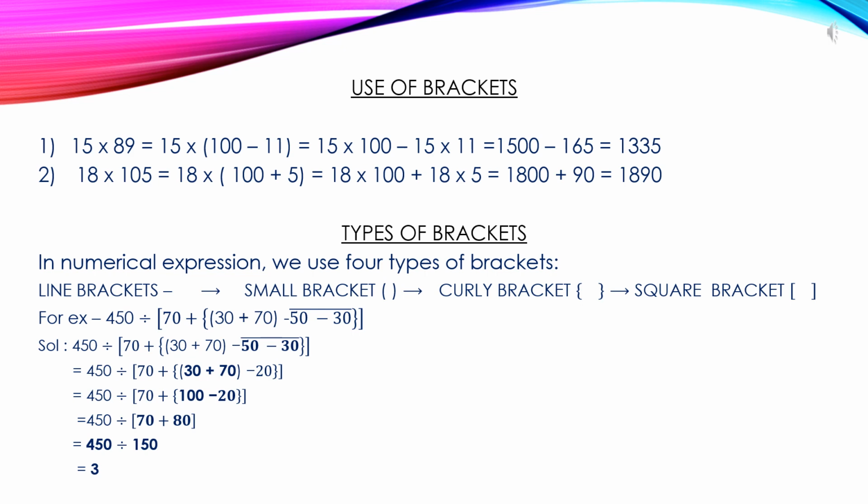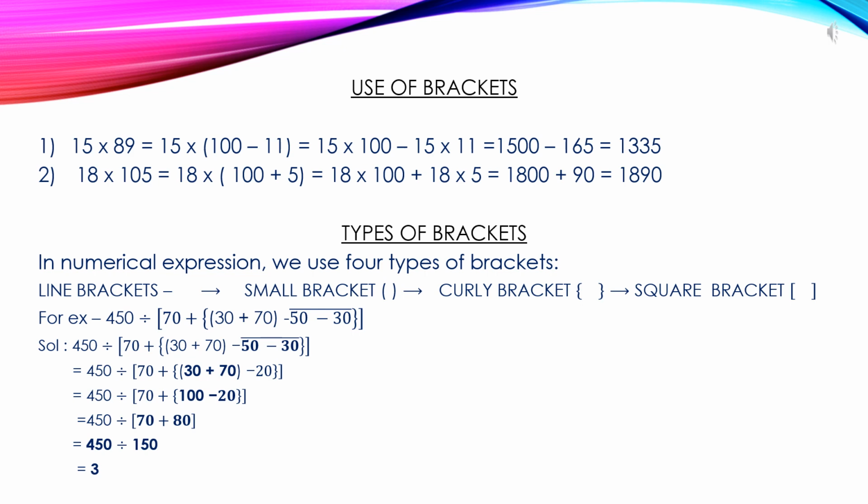Now we will solve the small bracket. That means 30 plus 70 that is equal to 100, and the expression will become 450 divided by square bracket 70 plus curly bracket start 100 minus 20 curly bracket close and then square bracket close.